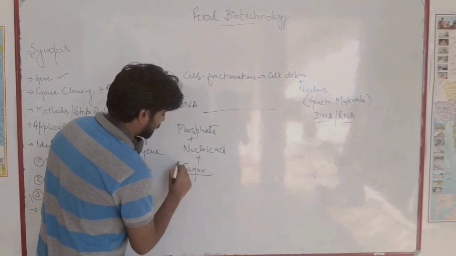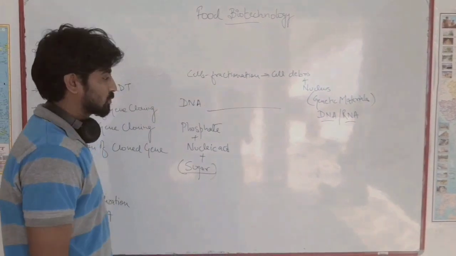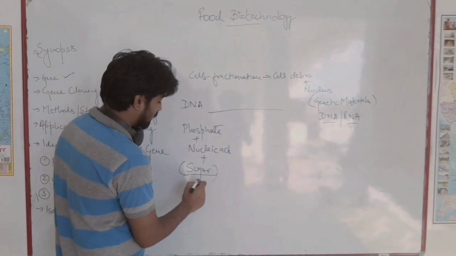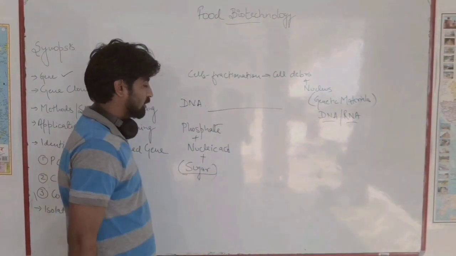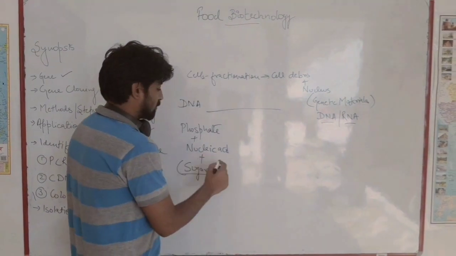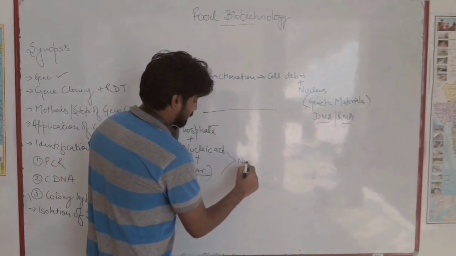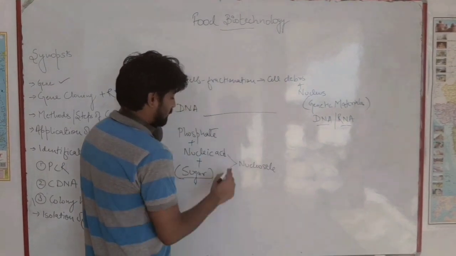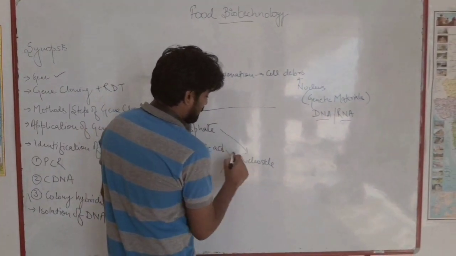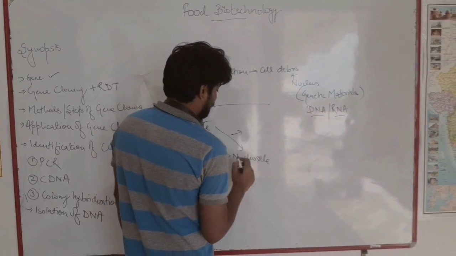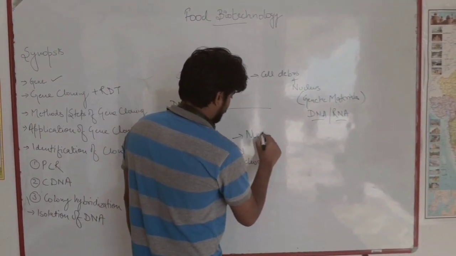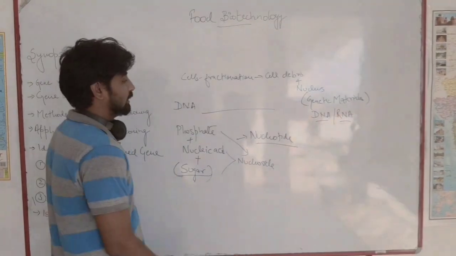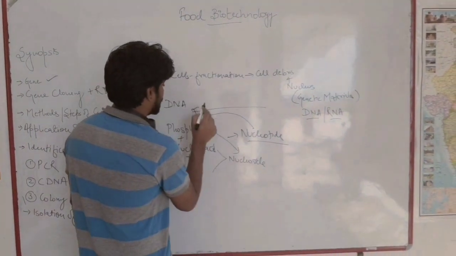This sugar will decide whether it is deoxy or ribose. So DNA will be deoxyribonucleic acid, where the sugar is deoxy. This sugar plus nucleic acid will form the nucleoside. But when you combine the nucleoside with the phosphate, you get the nucleotide.